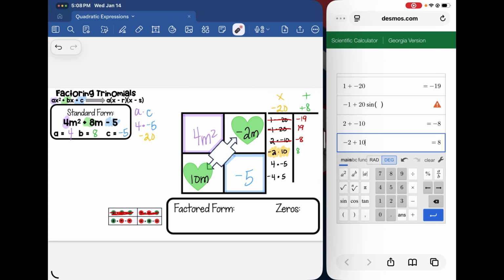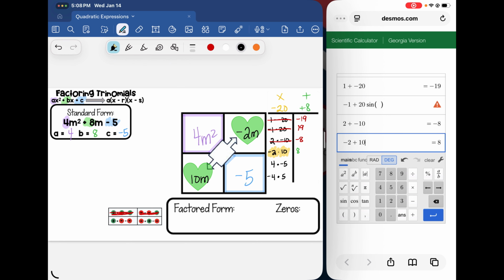All right, now it's time to find our factors, aka our greatest common factors. I'm going to erase this so we can have a little room. All right, so let's look at our first box because it always seems to be the easiest. What two letters can I put right here that will give me this m squared?